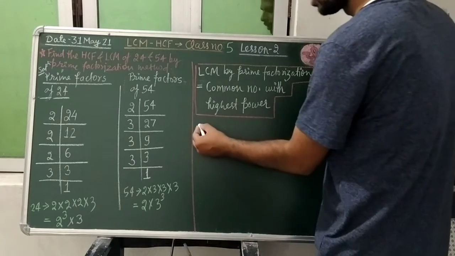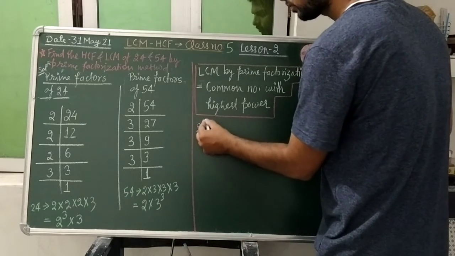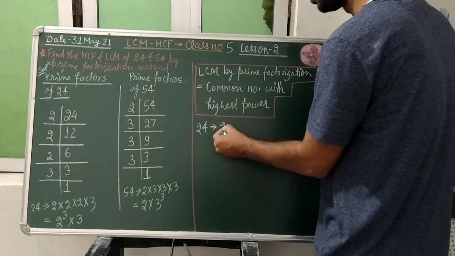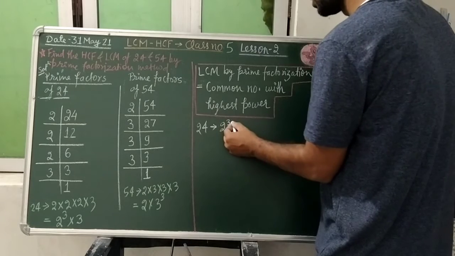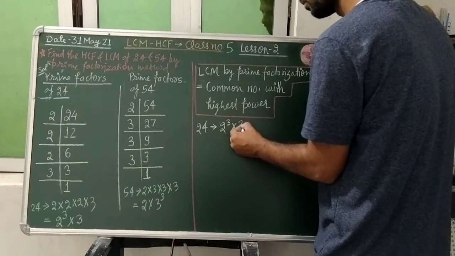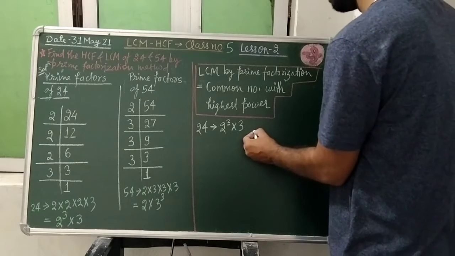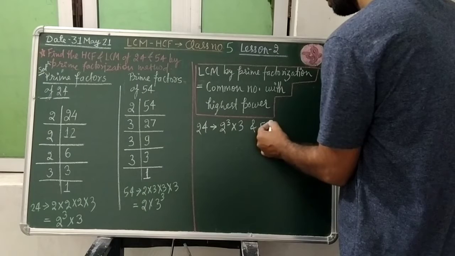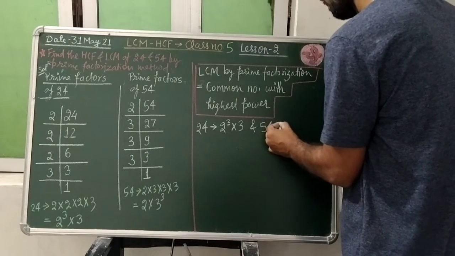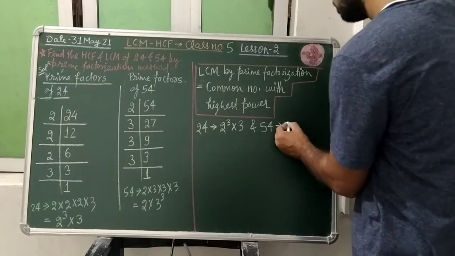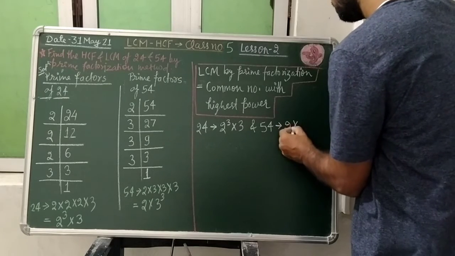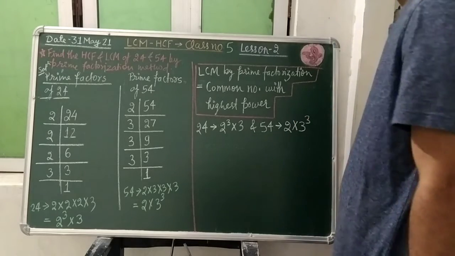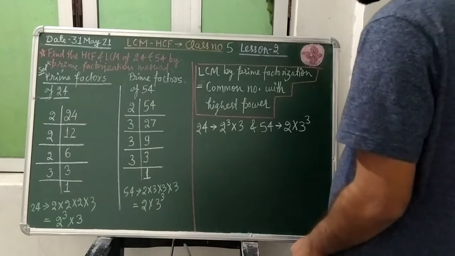So students, we are looking at this 24, which we had written in this way: 2 to the power 3 multiplied by 3, and this 54 we can write as 2 into 3 to the power 3, isn't it, students?